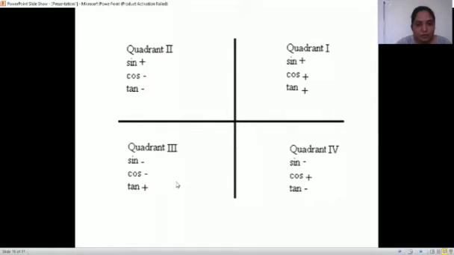Sine 5 pi by 4 is sine of pi plus pi by 4. What will be the value then? We have to check the third quadrant. In the first quadrant, all are positive. In the second, sine and cosec are positive. Here, in the third, only tan and cot are positive.